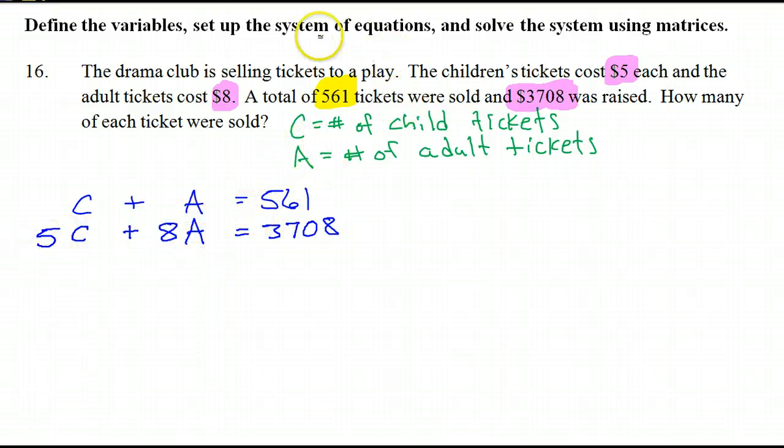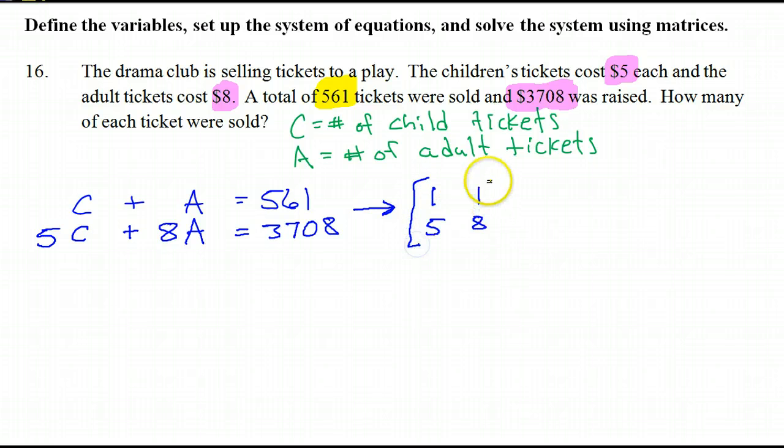This is the system. So we've set it up, and now we're supposed to solve this using matrices. Considering that the coefficients are 1 and 1 for those two, my coefficient matrix is going to be 1, 1, 5, 8.